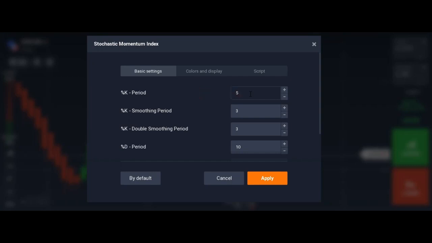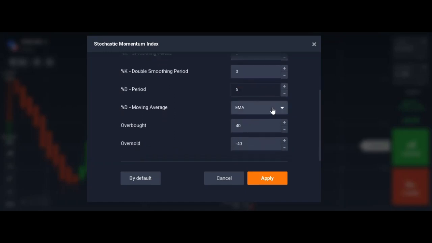K period 5, K smoothing period 3, K double smoothing period 3, D period 5, moving average EMA, overbought 40 and oversold -40.